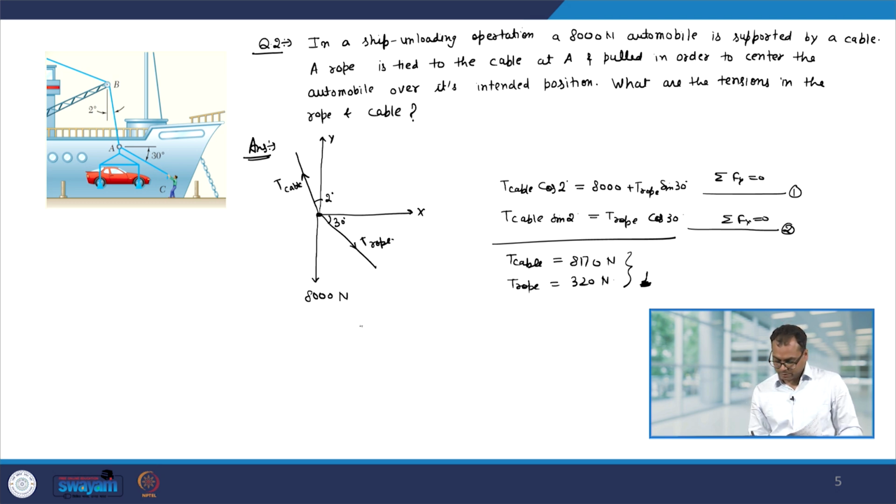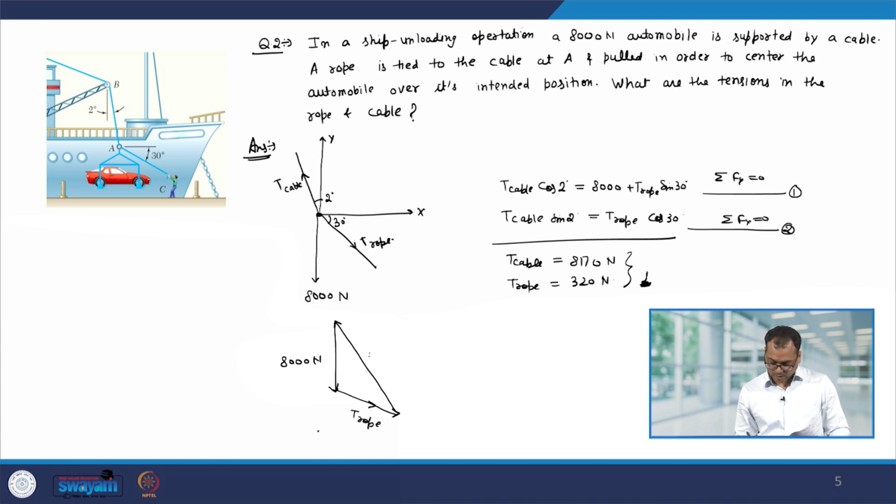Now, we can also solve this problem using the sine law. So, let us look at the forces. The 8000 Newton force is acting downwards. T rope is also acting like this, and these forces are balanced with T cable. Now, this angle is 2 degree, this angle is 30 degree, therefore, this angle will be 58 degree.